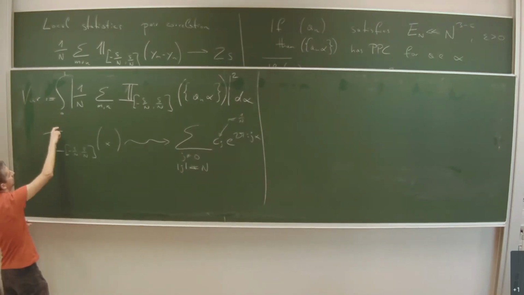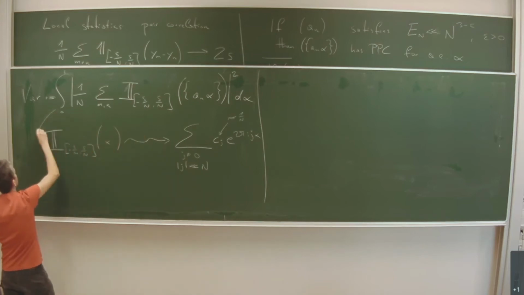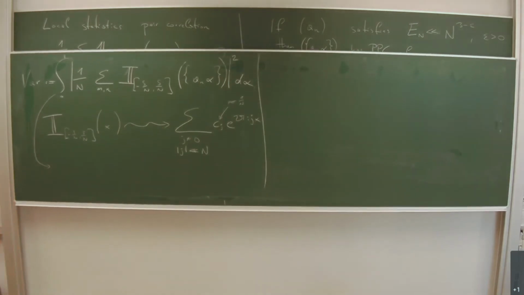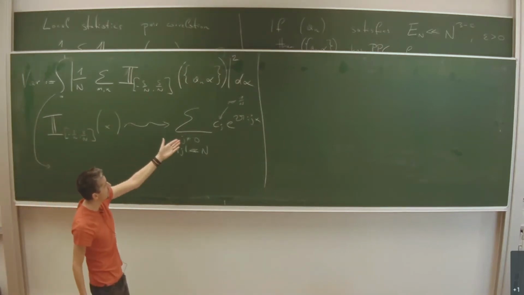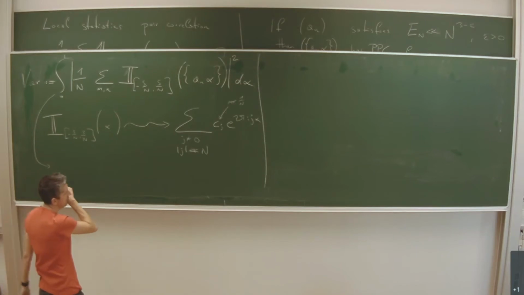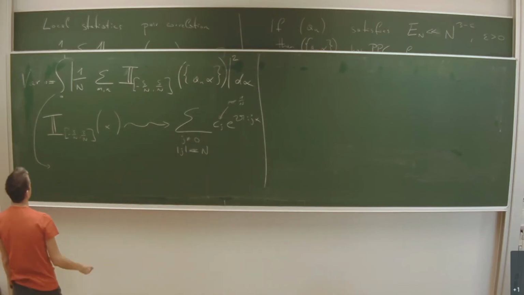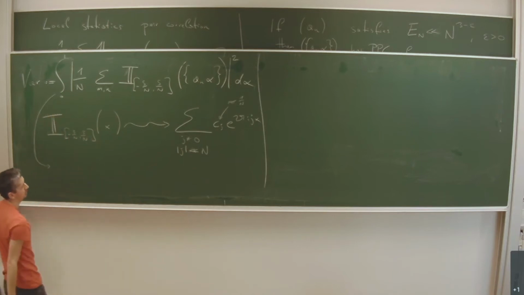So if we continue our calculation of the variance from here, then we plug in, instead of the function, the Fourier series. We estimate the coefficients, they are roughly 1 over n. We multiply out. We get an integral of trigonometric functions.